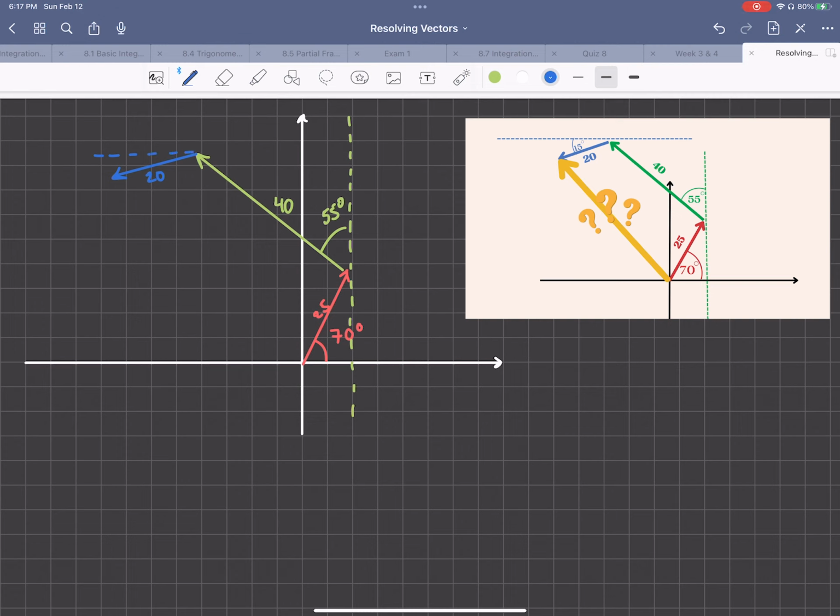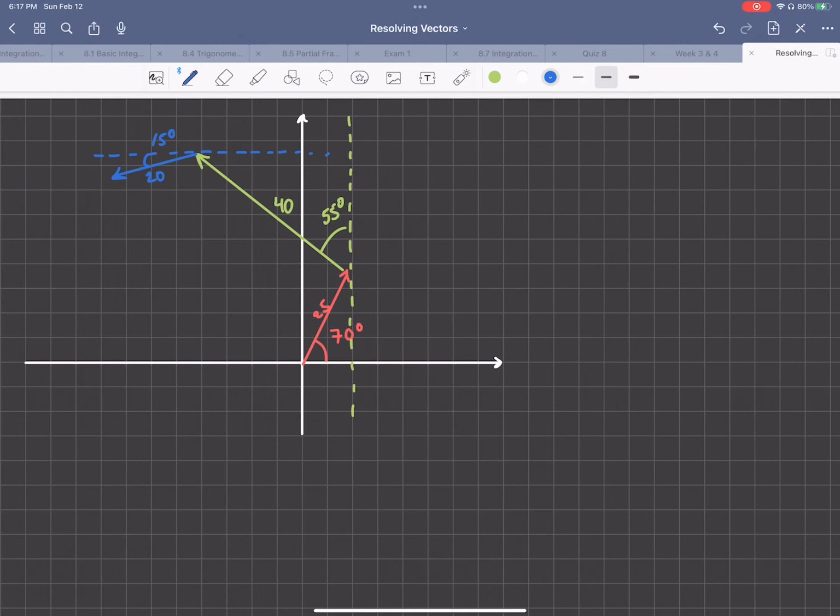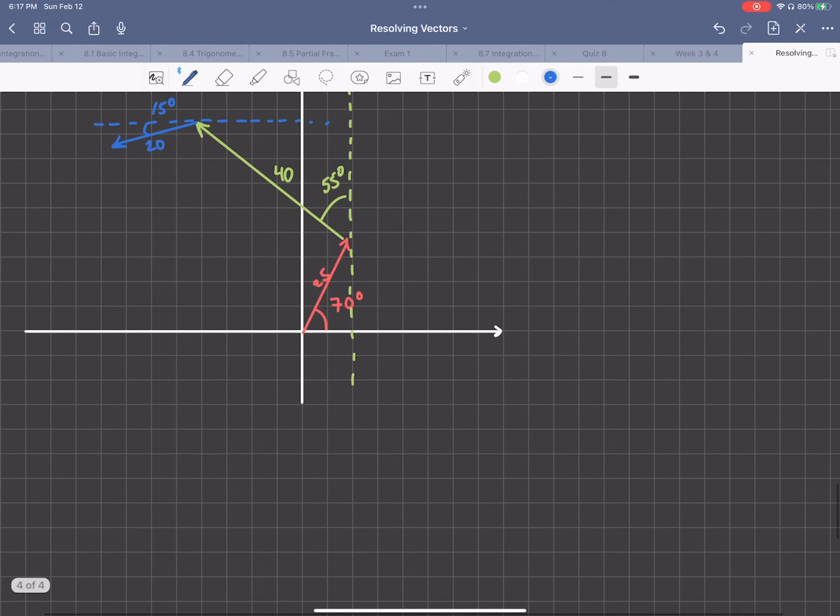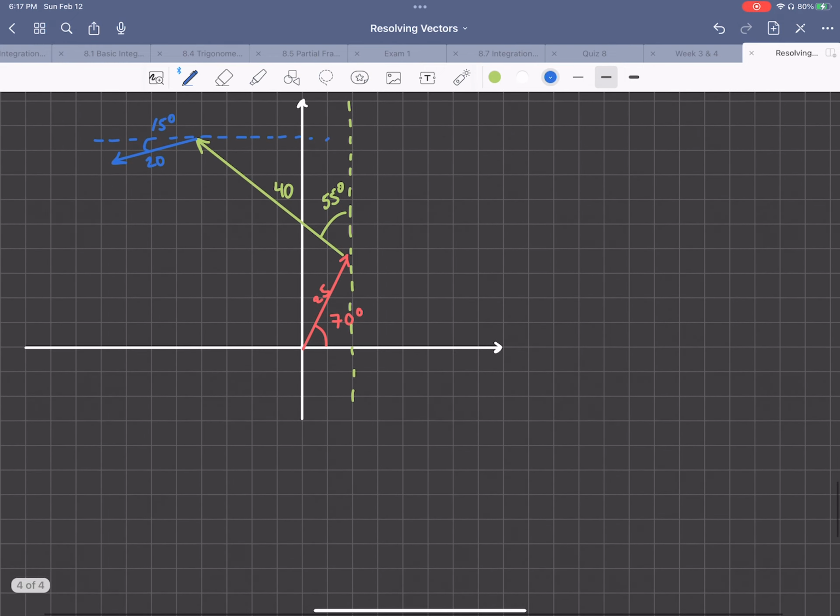And again, I will draw this helper reference line so that I know that this 15 degree angle is in relation to this horizontal line because it is south of west. So west is this way, south that way. South is down, right? By the way, obviously this is y and this is x.